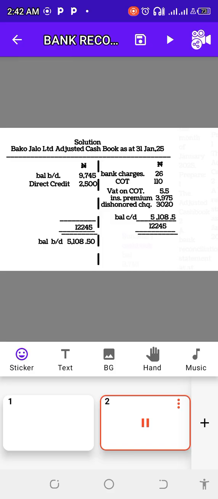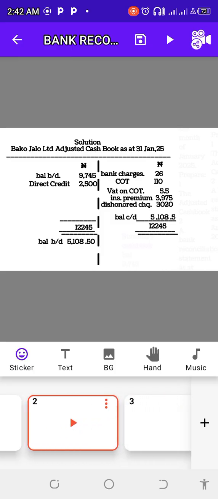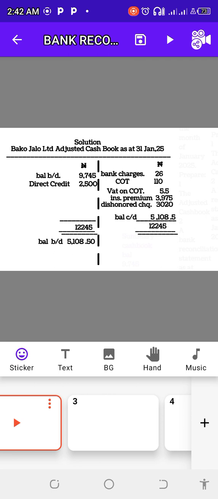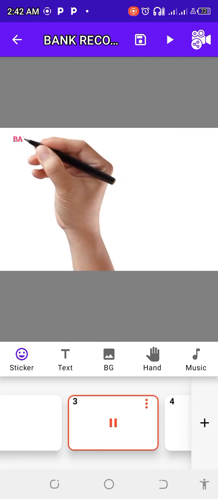Now, we are going to the second segment of the bank reconciliation, where we are going to take into cognizance the unpresented cheque, uncredited cheque, and do the actual reconciliation. Now, let's go.